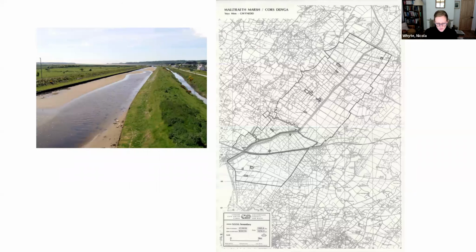Tensions were not the result of enclosure, but rather the unintended consequences of subverting the flow of the river from its ancient course. So here we have the straight cut of the river Cerveni, which I will be referring to in a moment.